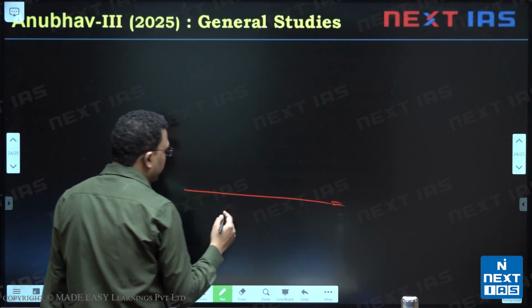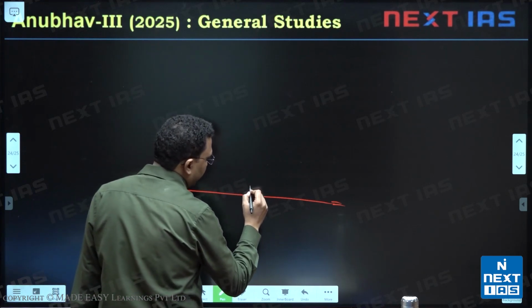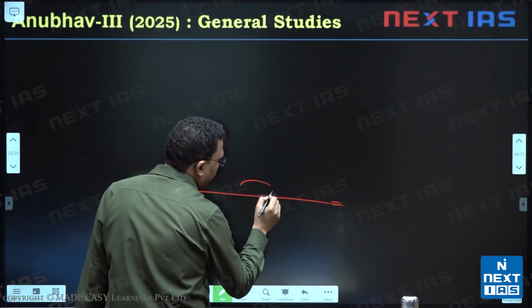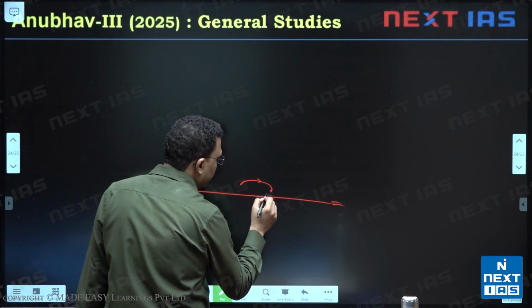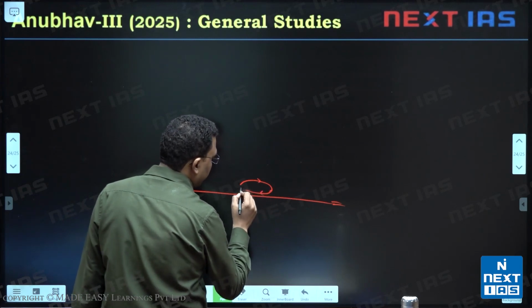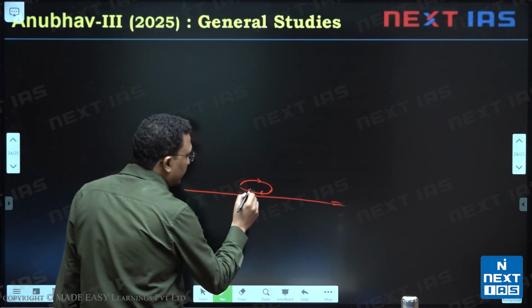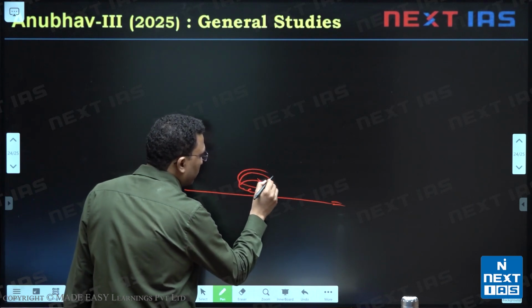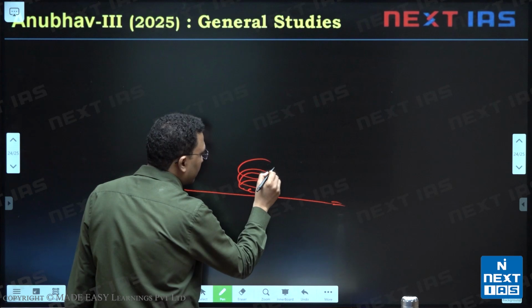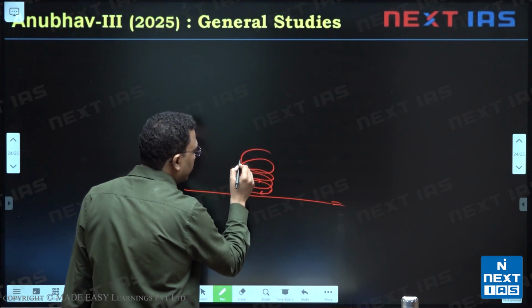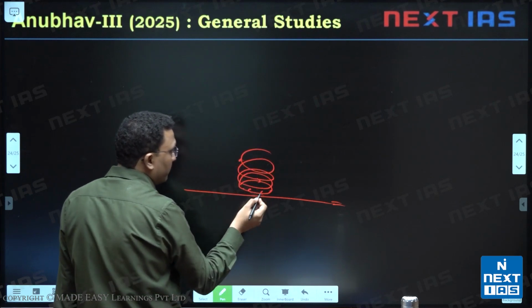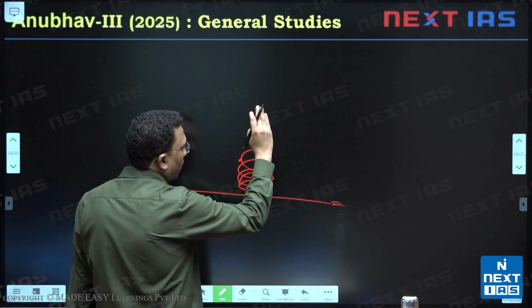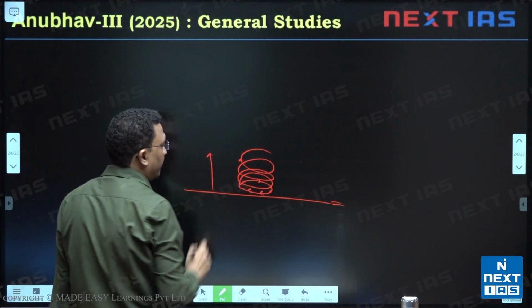So in the initial phase of development of tropical cyclone, what happens that air starts moving in a circular fashion, something like this, right? And because of circular movement of air, it starts to rise, something like this, right? So along with its circular movement, convection also happens along the height, right?